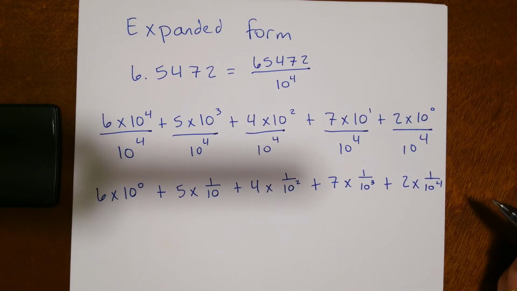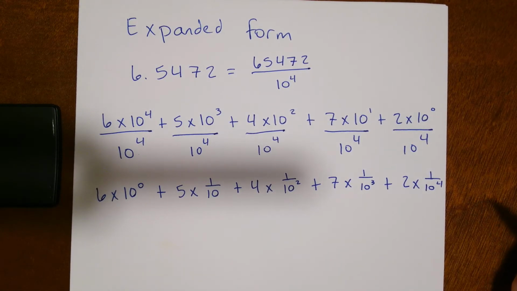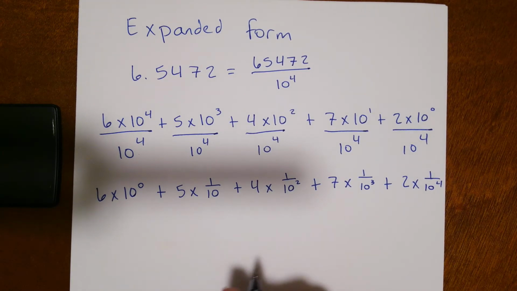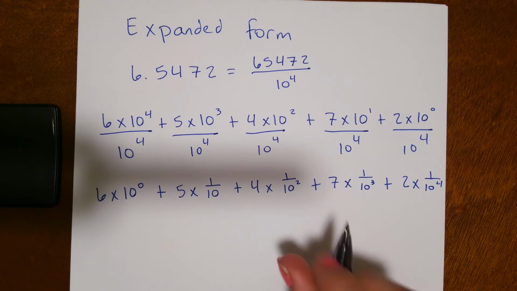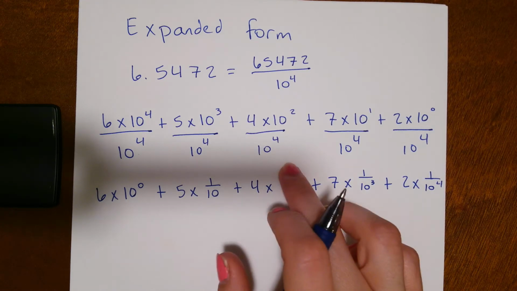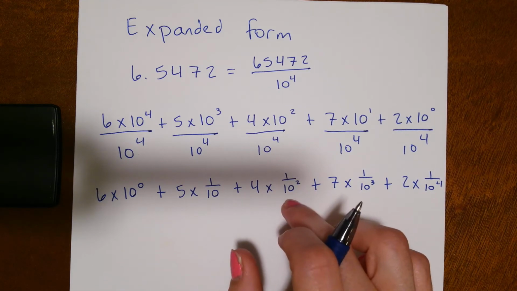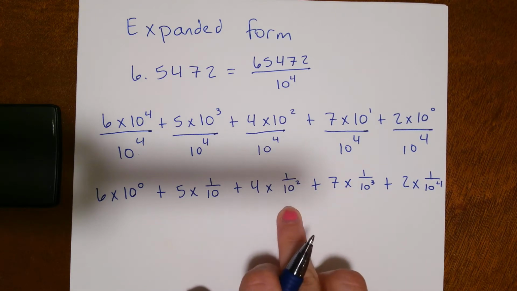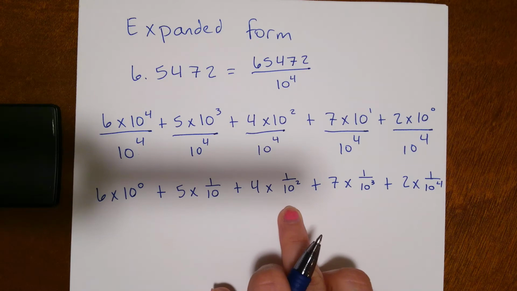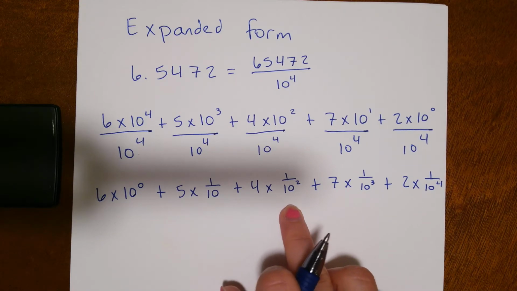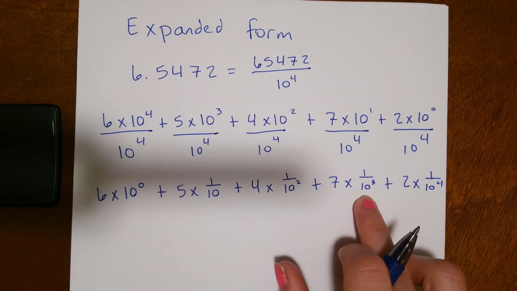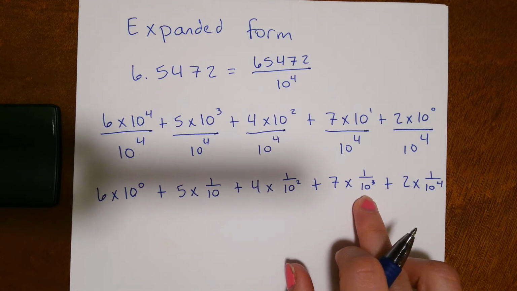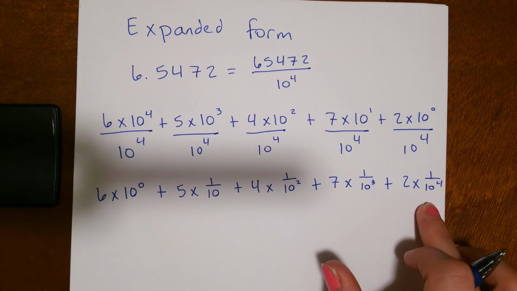Okay, so what does it mean if it is in the denominator? Using exponent rules, I can rewrite this as a whole number with a negative exponent. So 1 over 10 squared can be written with a base of 10 with a negative 2 exponent. 1 over 10 cubed can be rewritten as 10 to the negative 3, and 1 over 10 to the 4th can be rewritten as 10 to the negative 4.